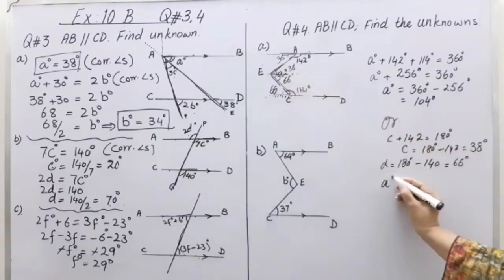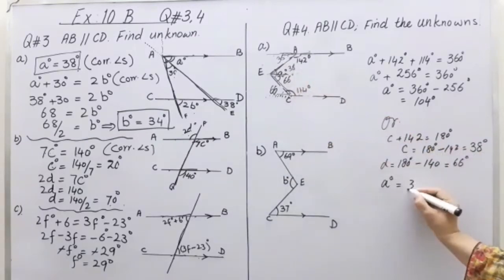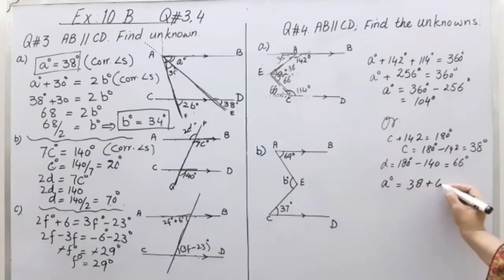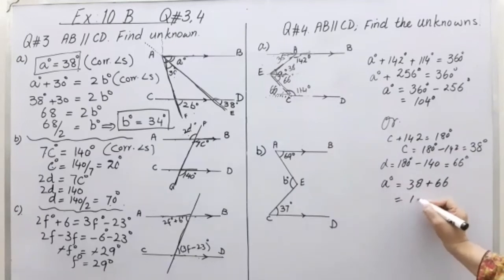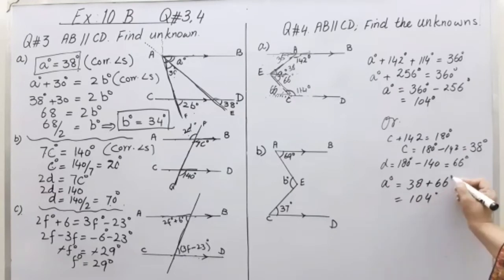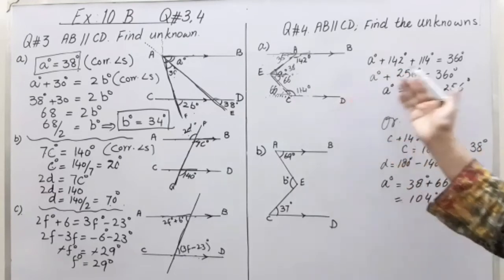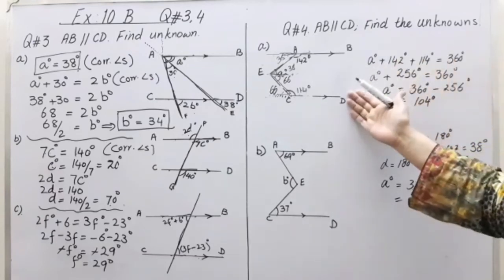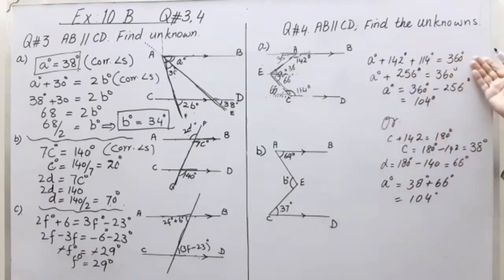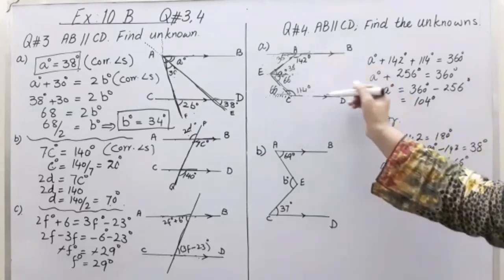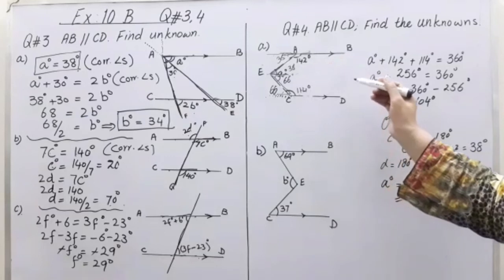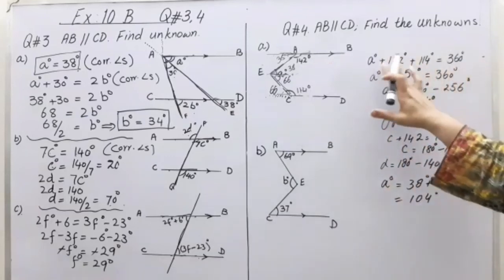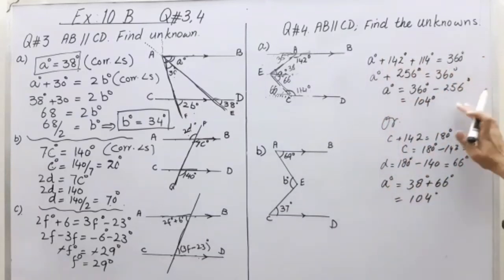So we can say A is equal to 38 plus 66, and that is 104 again. So we can do this question with both methods. This is the easy way. When you see this shape, you put them equal to 360, because two interior angles are equal to 360. We put them equal to 360 and solve our question.